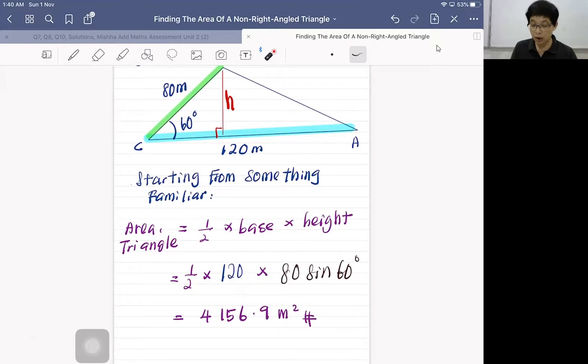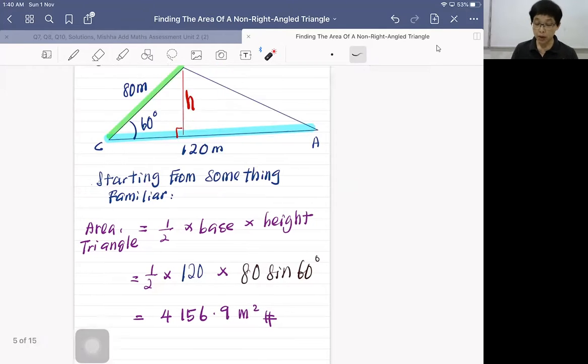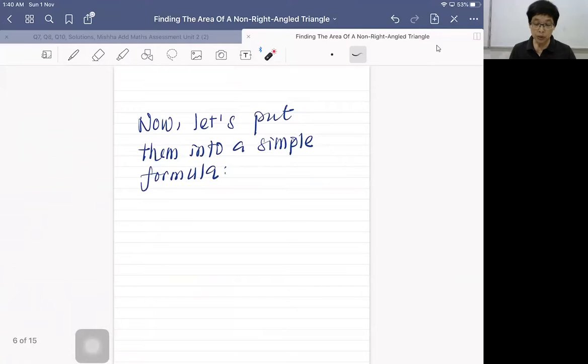Now our height is no longer a mystery. We have used SOHCAHTOA and defined the height as 80 sine C. Then with a punch of the calculator, you are able to get the answer. Now let's put all of this info into a simple formula.